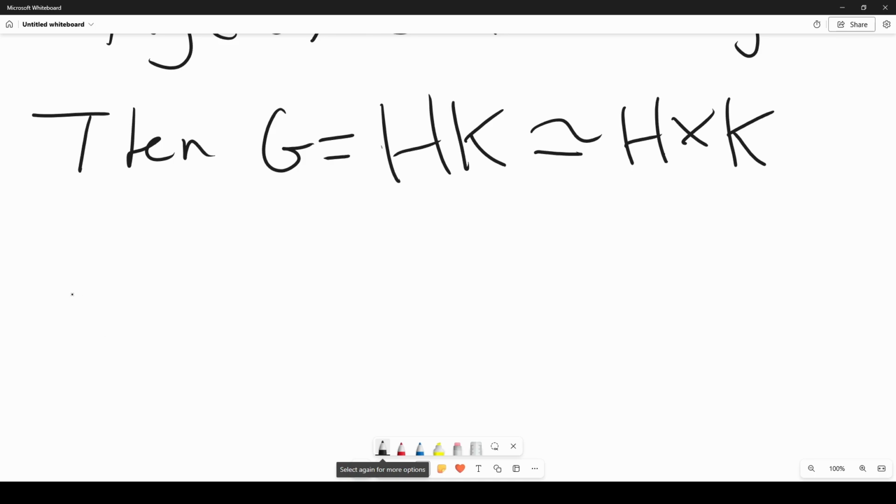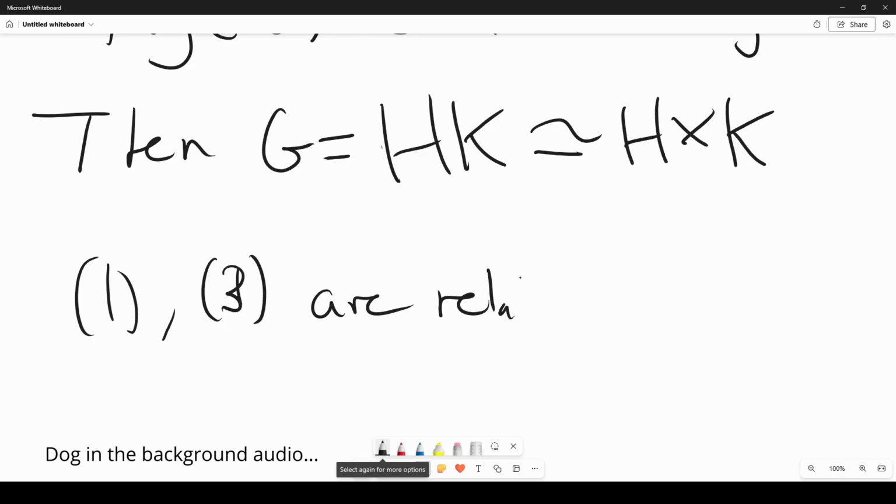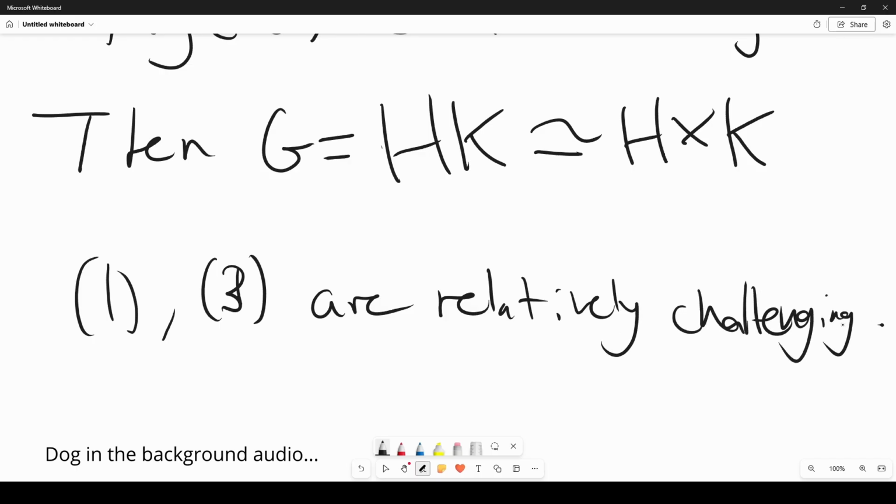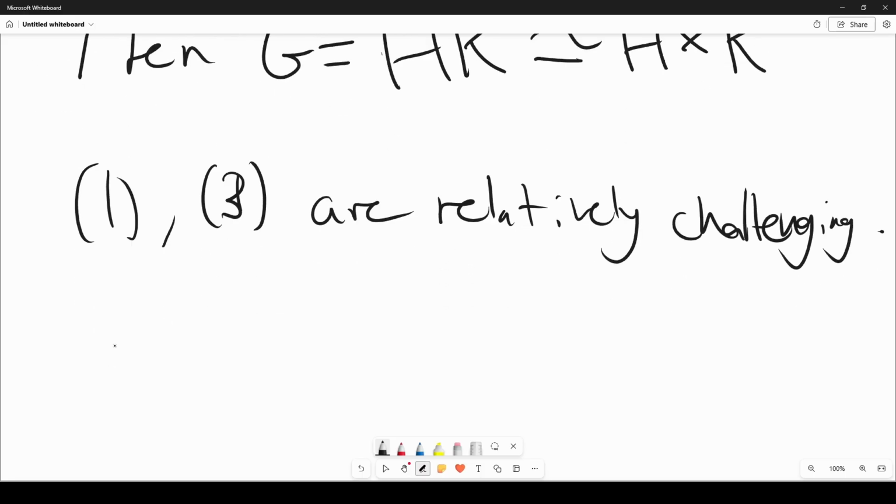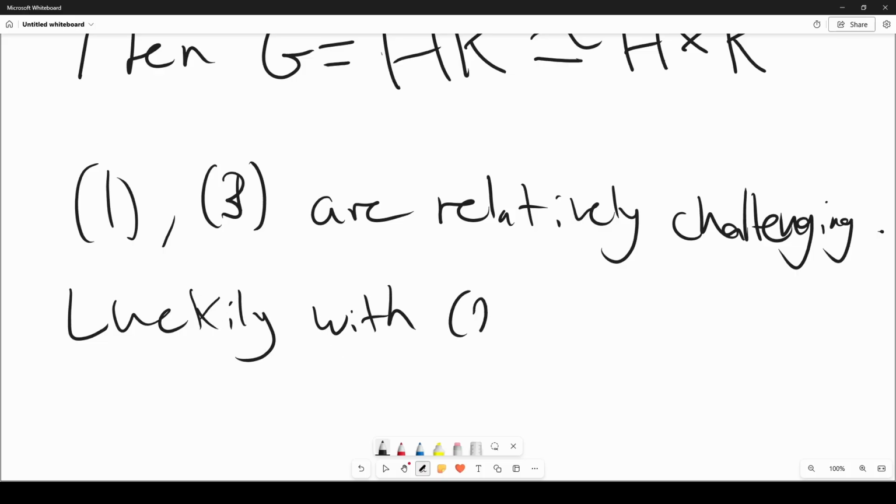So you might notice that conditions 1 and 3 are relatively challenging to prove. And in practice, it might be kind of hard to demonstrate. Luckily, if we assume condition 2, we can prove the others with relative ease using another condition.